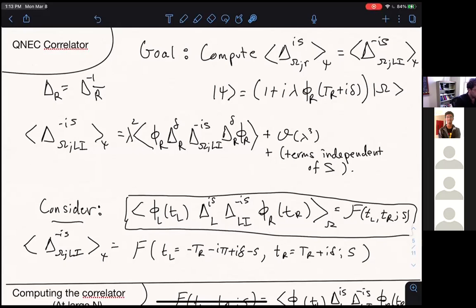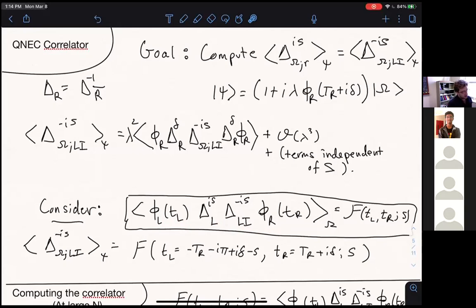So this correlation function is interesting. A similar correlation function has been computed before in other contexts. I call it the QNEC correlation function because it's similar to the correlation function that was considered in the original proof of the quantum null energy condition.